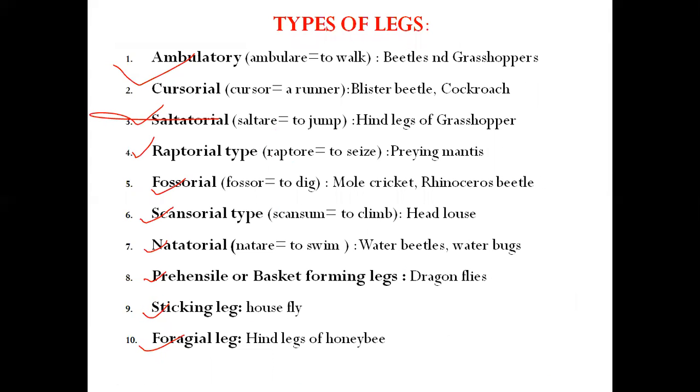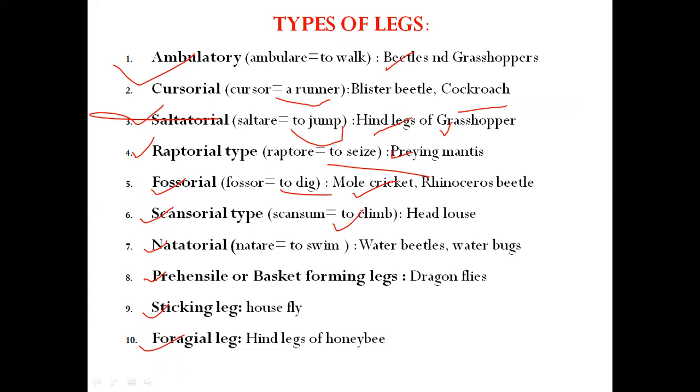Ambulatory means walking, present on beetles and grasshoppers. Cursorial means running-type legs, present in cockroaches. Saltatorial means jumping, where the hind legs are modified to jump, as in the grasshopper. Raptorial means seizing or grasping legs, present on praying mantids. Fossorial means digging-type legs, present on the mole cricket.